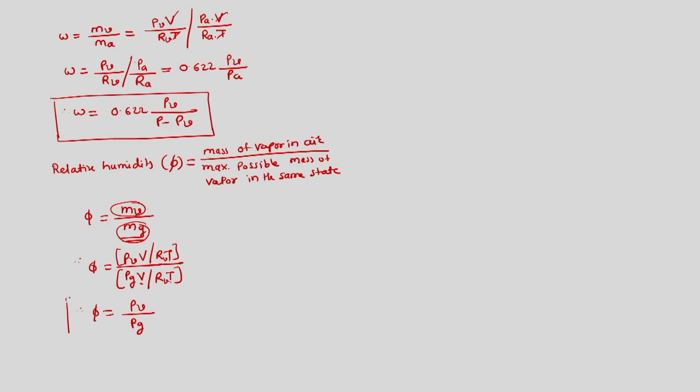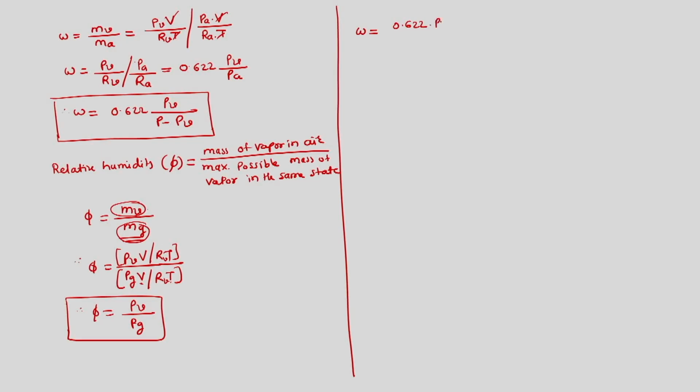So we have PV upon Pg, that means the partial pressure of vapor at a given state divided by the saturation pressure of vapor in the same state is the relative humidity. Now we can have the expression for omega as 0.622 into PV divided by P minus PV. So we can make use of this expression and write it down in terms of PV.